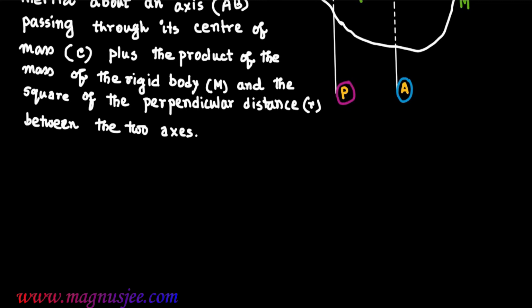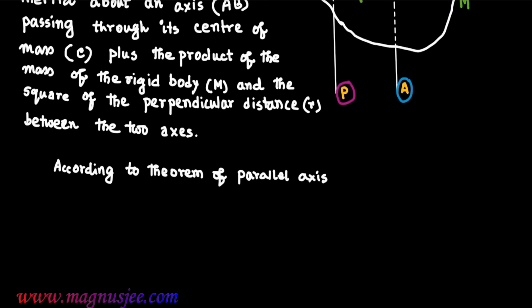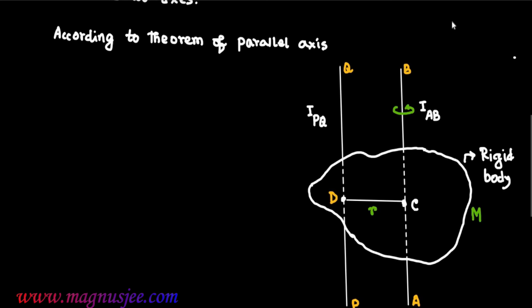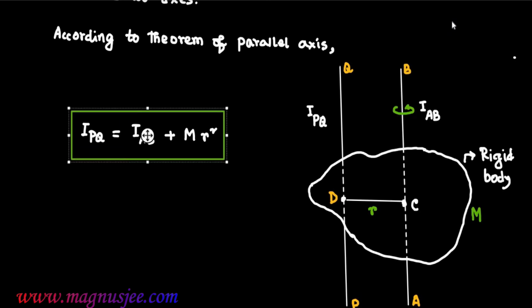So according to the theorem of parallel axes, IPQ equals IAB plus MR squared.